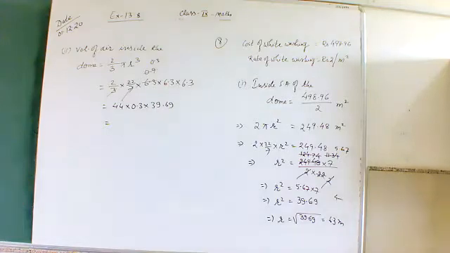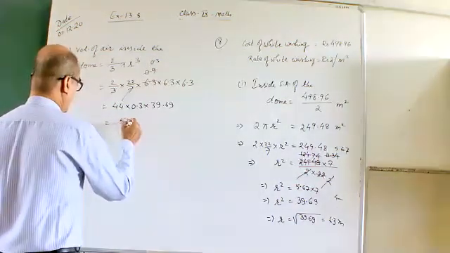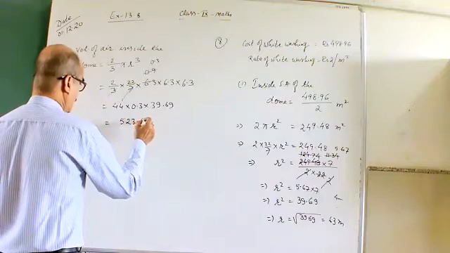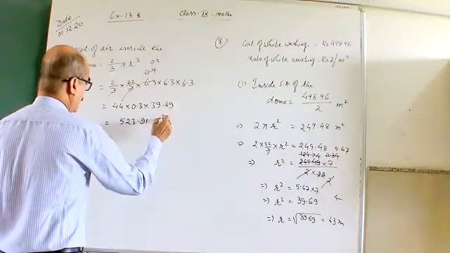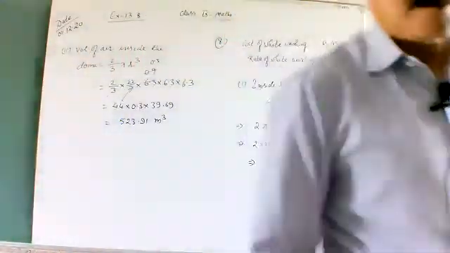So you will get 44 into 0.3 into 39.69. That is 523.91 meter cube. This is the final answer, right? So please note down.